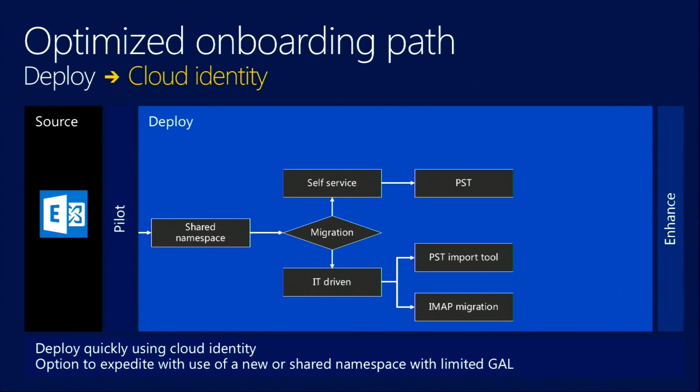And as you come through from a cloud identity perspective to deploy, you then have a couple steps that you want to work through also. Shared namespace is critical from a deploy. As we mentioned, you want to make sure that you're verifying your domain. Your users are then becoming your organization with the .com.au, and then you work through a deployment of self-service or IT-driven, which is, again, full IMAP migrations, PST imports.